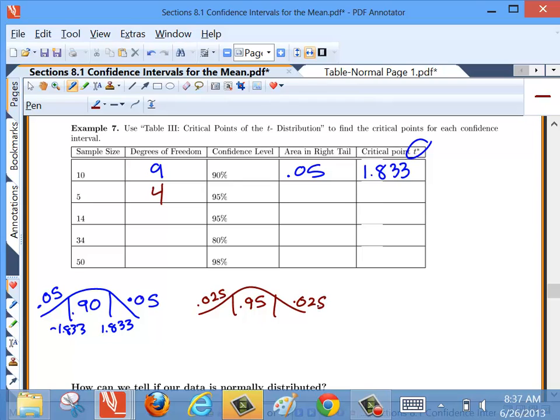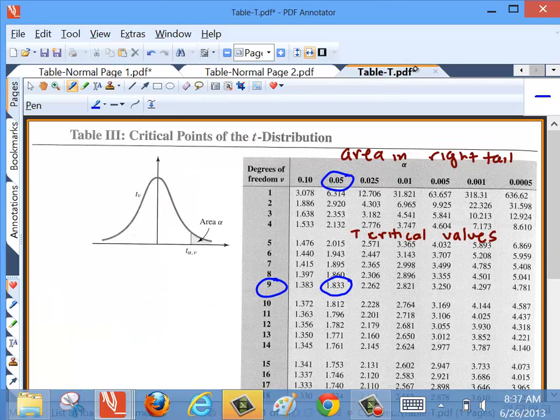So when I ask you for the area in the right tail, that is 0.025. And now we go back to our t-table. So 4 and 0.025. That puts me at 2.776.